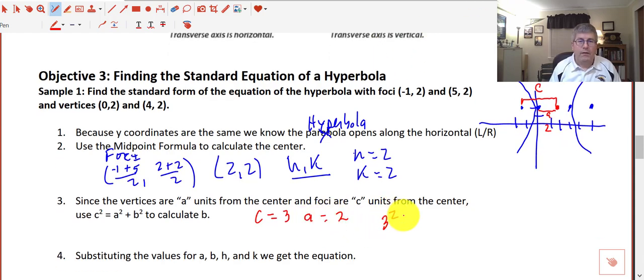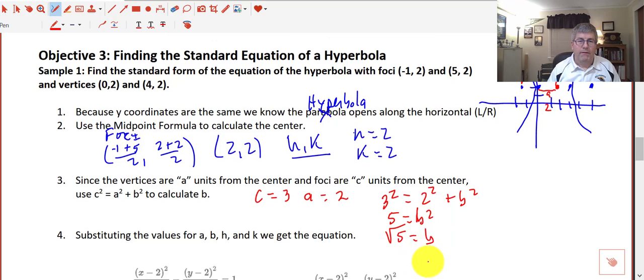3 squared equals 2 squared plus b squared. 9 minus 4 is 5, which is our b squared. The square root of 5 is our b value.